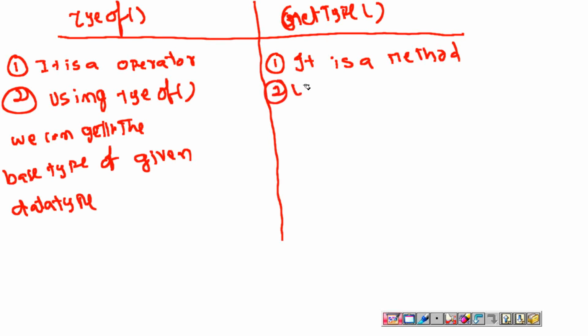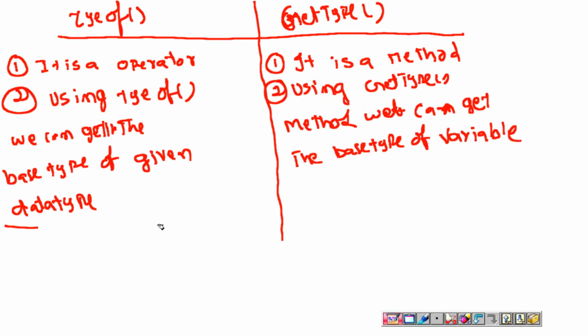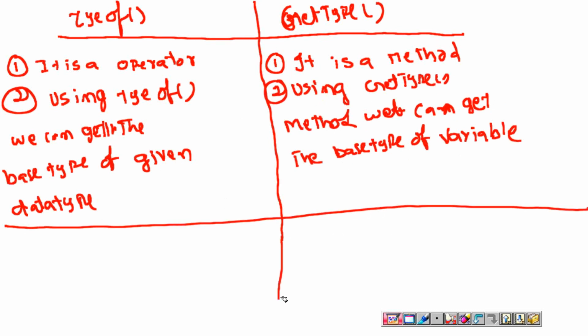Second: using the GetType method, we can get the base type of a variable.